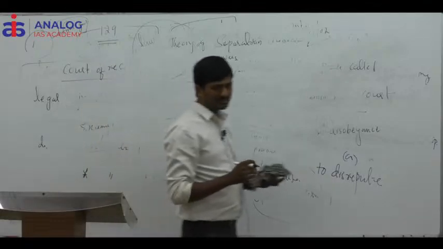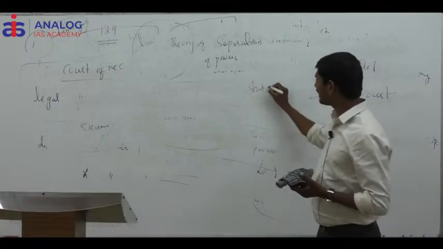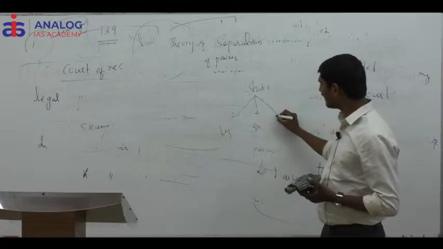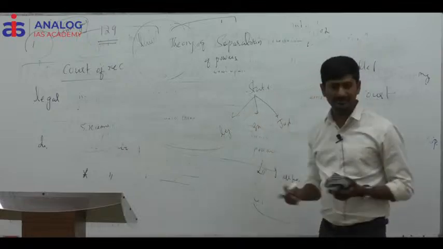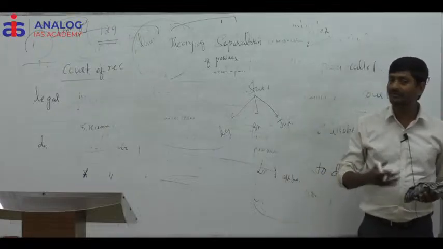What does it mean? Actually, I told you already, the state is having three organs, right? Legislature, executive and judiciary. Three vital organs. There are many organs of the state, but among them these are very crucial. These will act as a platform for other agencies.